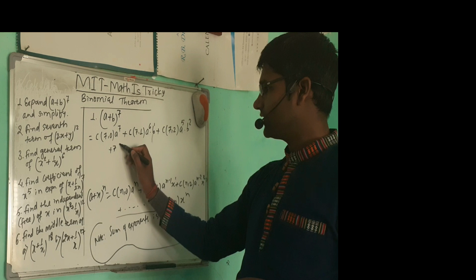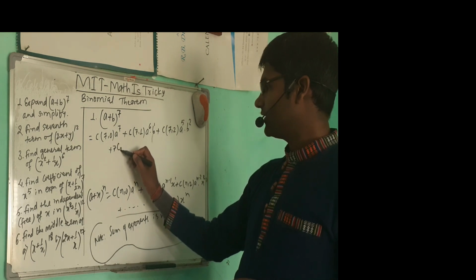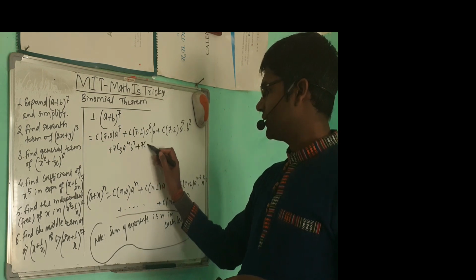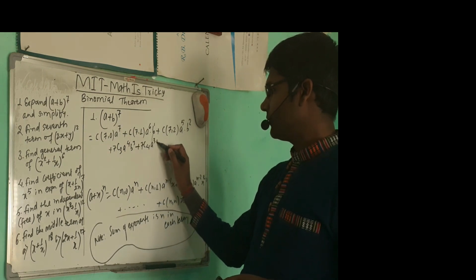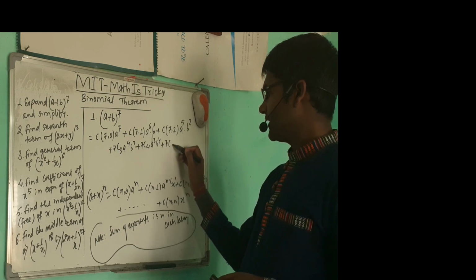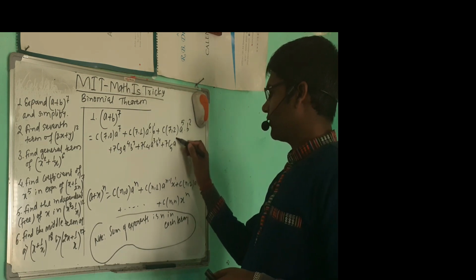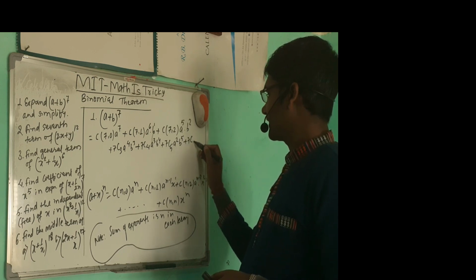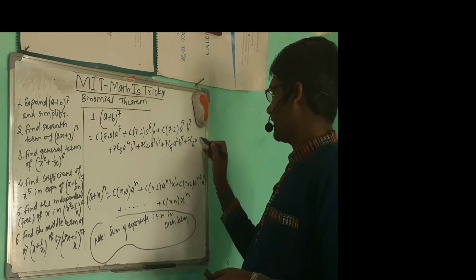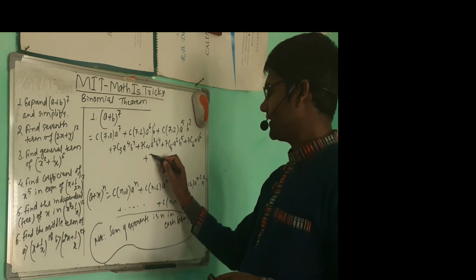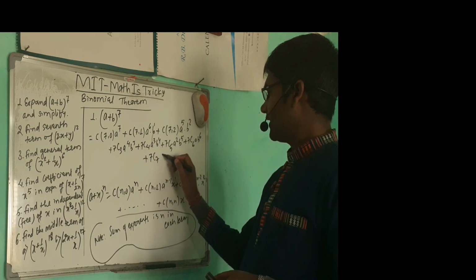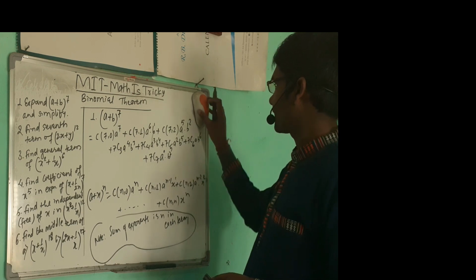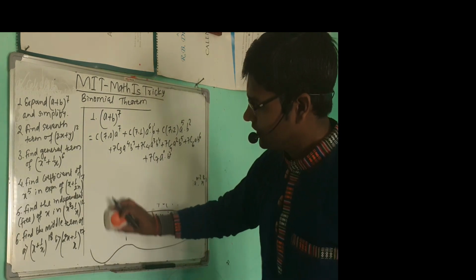So now 7c3 a power 4 b power 3, then 7c4 a power 3 b power 4, 7c5 a power 2 b power 5, 7c6 a power 1 and b power 6, plus 7c7 a power 0 and b power 7. So let's expand and simplify it.